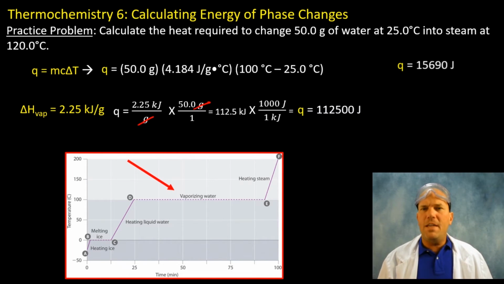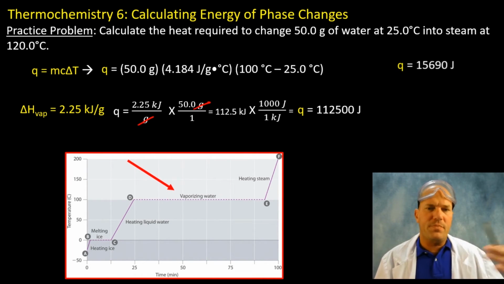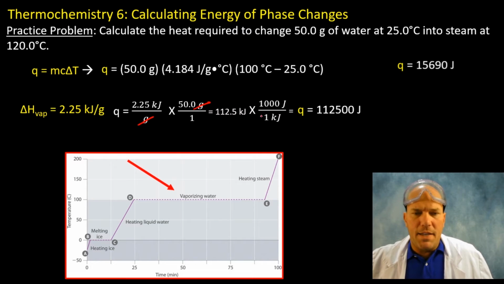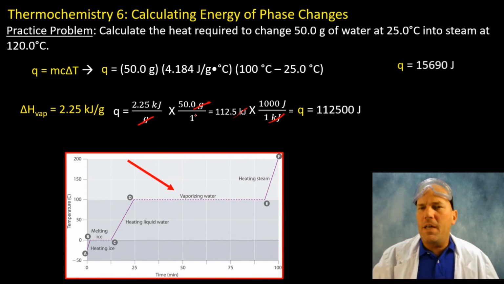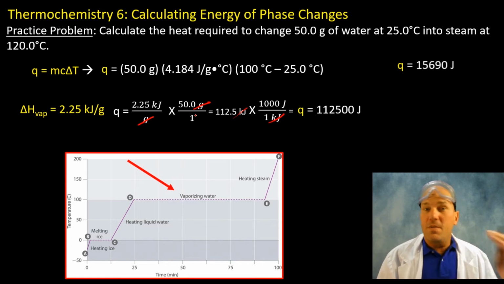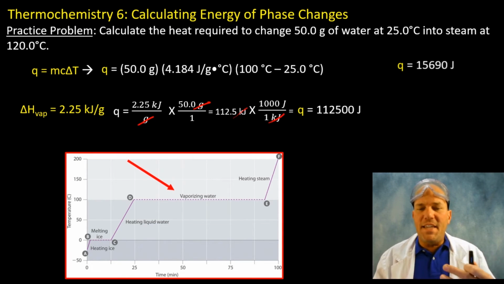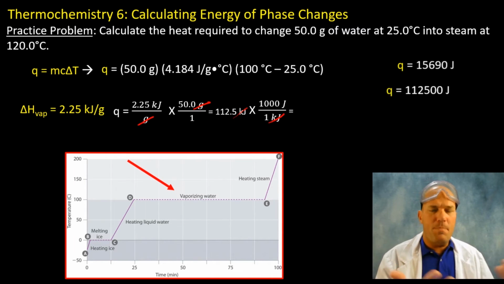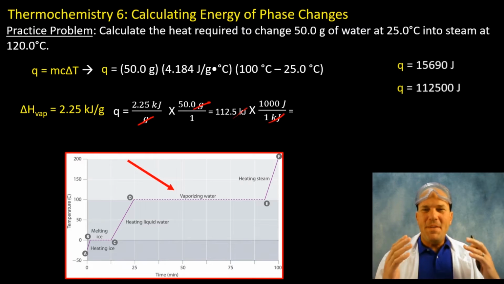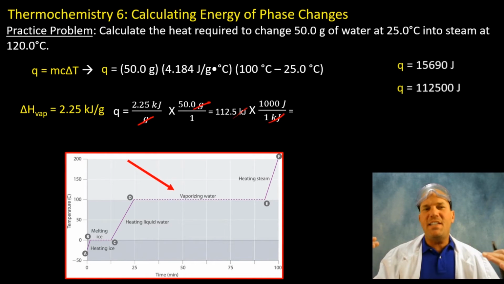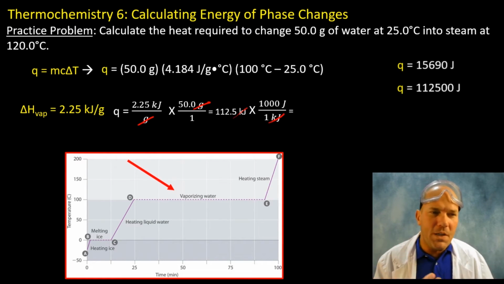So we have everything in the same units of joules, and again we cancel out 1,000 joules in a kilojoule. So now we've calculated the amount of heat energy between the segment DE, and the problem continues because our temperature is steam at 120 degrees.